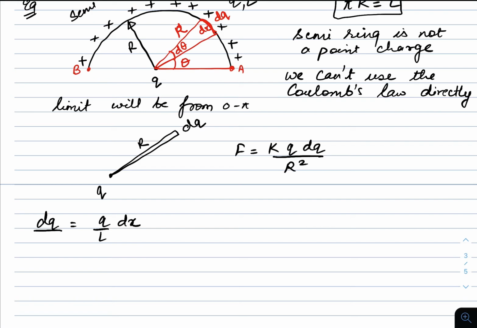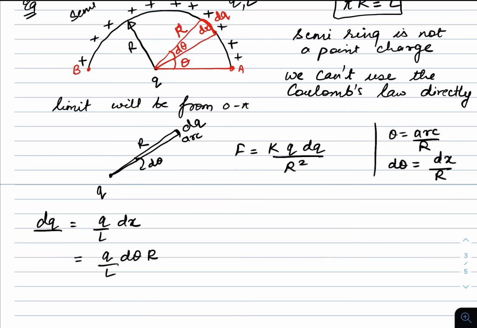If I use this small angle d theta, and this is the arc, using the expression theta is equal to arc divided by radius, theta is d theta, arc is dx, so d theta equals dx by r. So you can convert dx into d theta, and it can further be written as q by l into d theta into r.